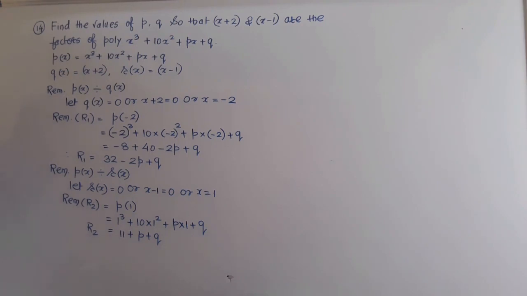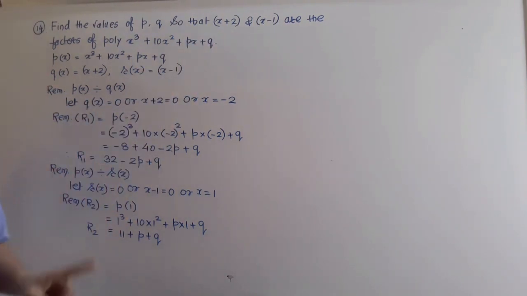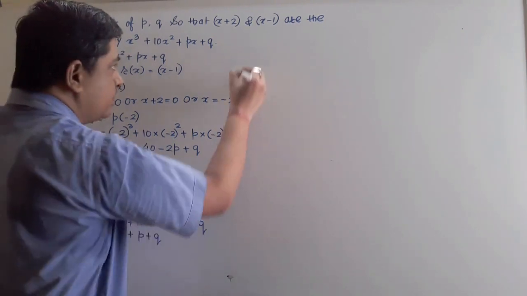Now we shall apply the property. What is the property here? Since x plus 2 and x minus 1 are the given factors, when you find the remainder by dividing p of x, you will get the remainder 0. So that property we shall mention here.